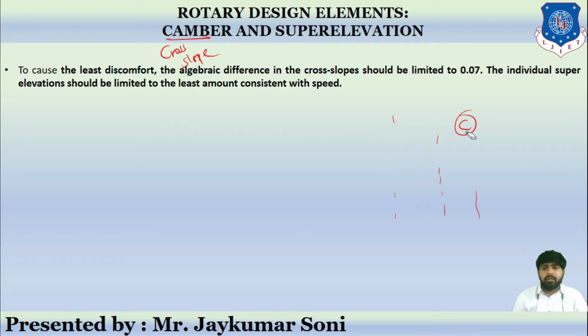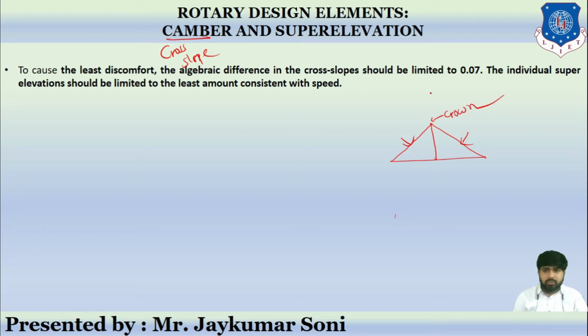It is provided, let me make it very simple for you. This is called as cross slope or camber. And this top edge of road is called as crown.